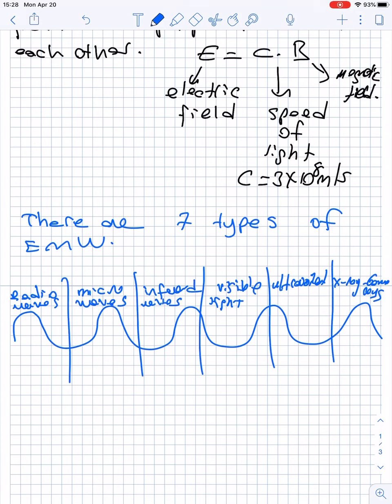Look at, we have 7 types of electromagnetic waves, and that direction means wavelength.